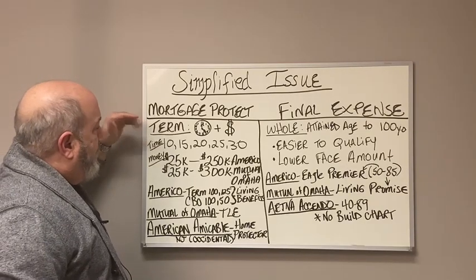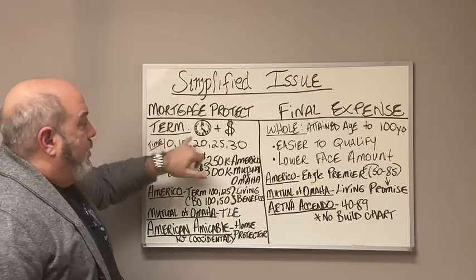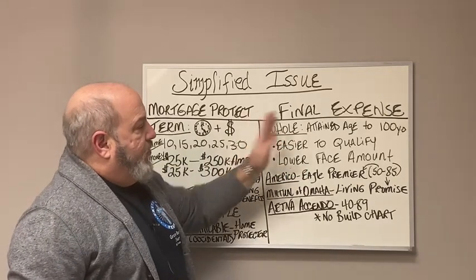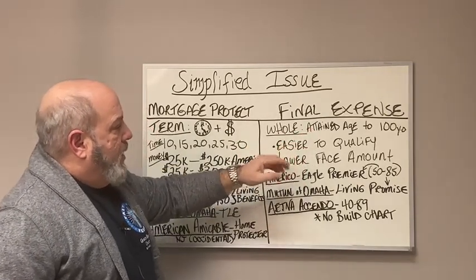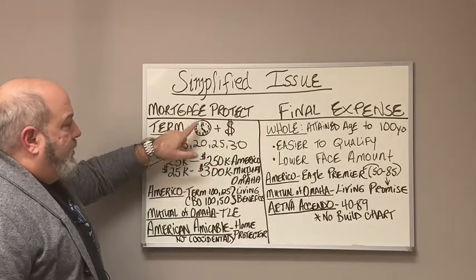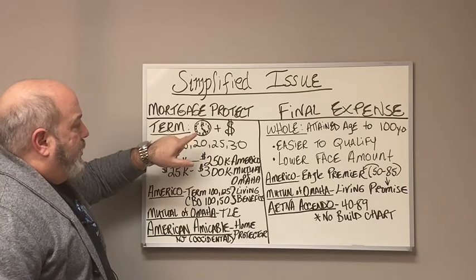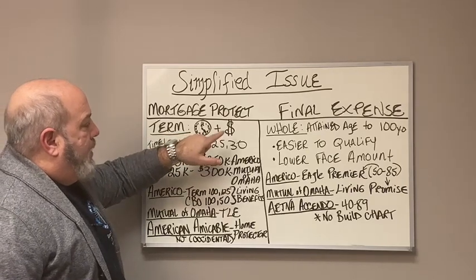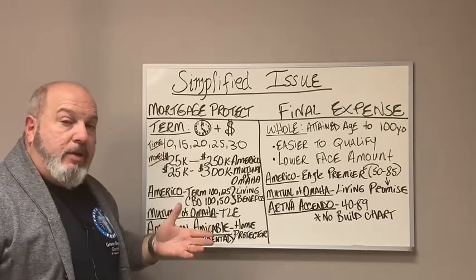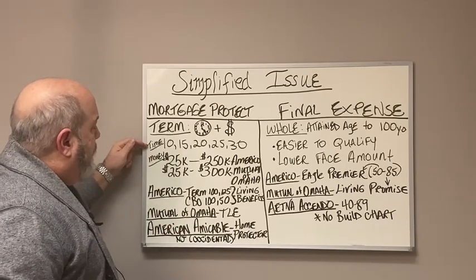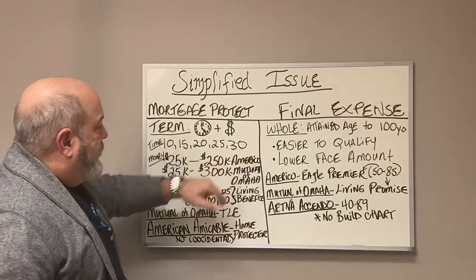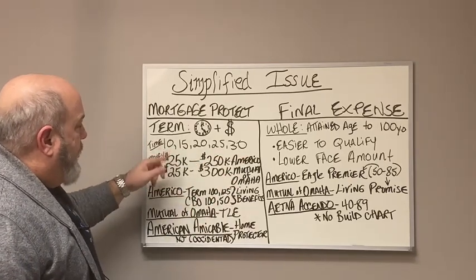What's the difference between a term policy right here and a whole life policy right here? Other than we use them for different kinds of sales, a term product is based on two things. And you can see I drew a little clock. It's based upon time and money. In other words, a client that you're sitting with can choose a term period from 10 to 30 years, depending on which carrier you're going to use.